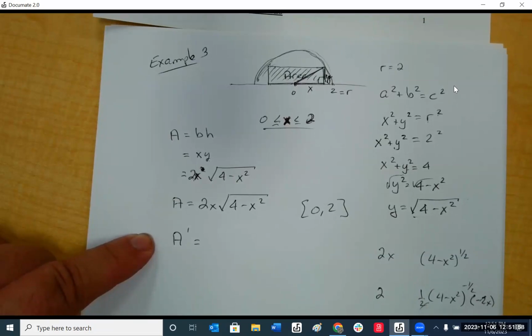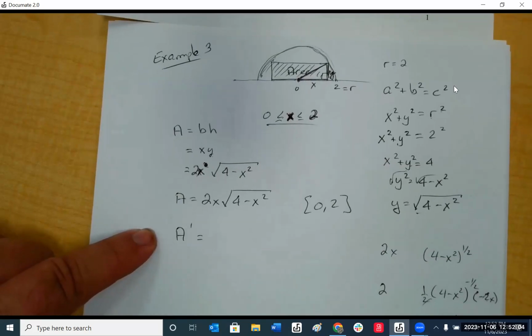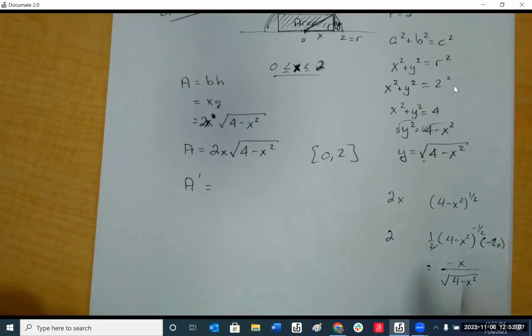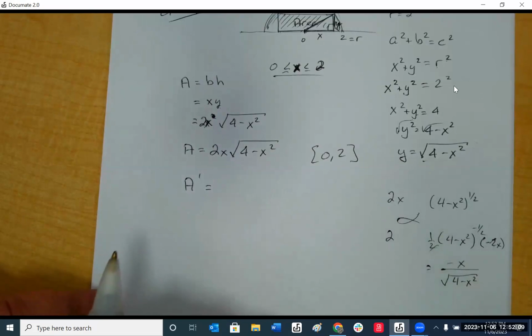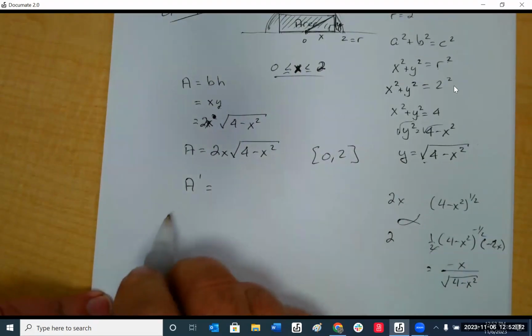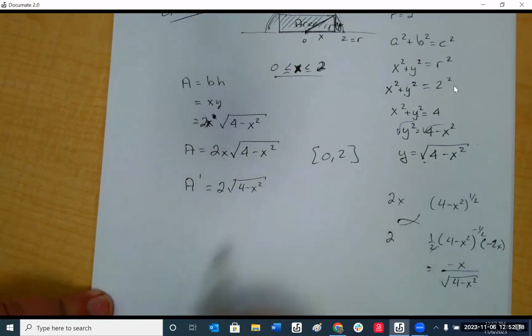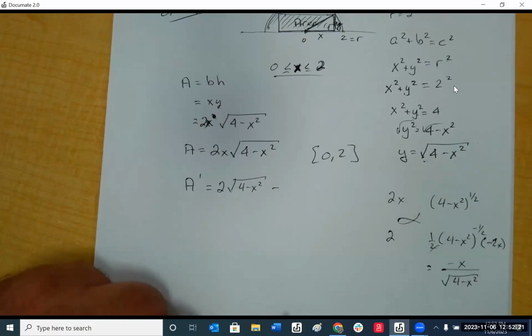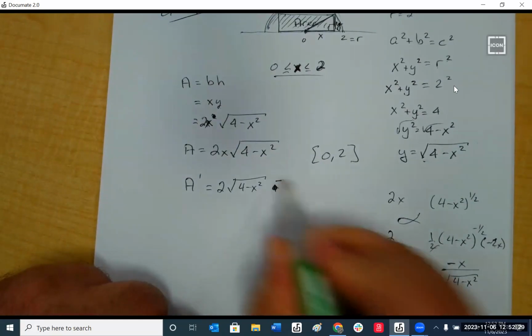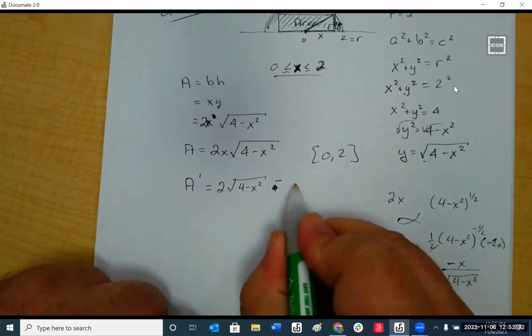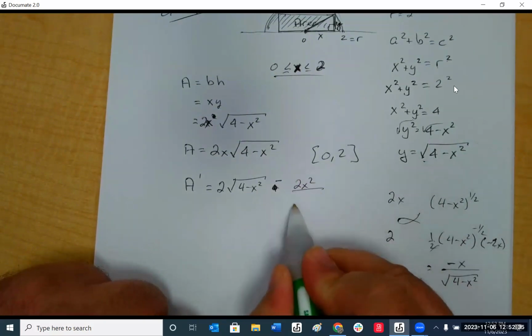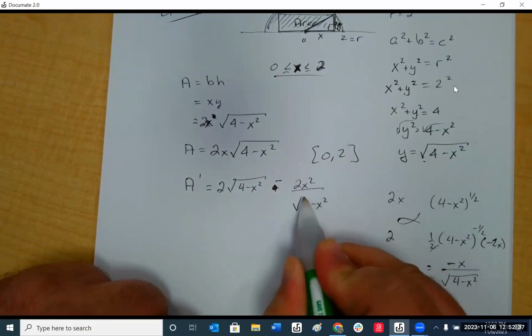So we have negative x over square root of 4 minus x squared, plus two times square root of 4 minus x squared. Oh, it's plus, it was a plus, I'm sorry. But it's a minus because of that. 2x times x is 2x squared over 4 minus x squared.